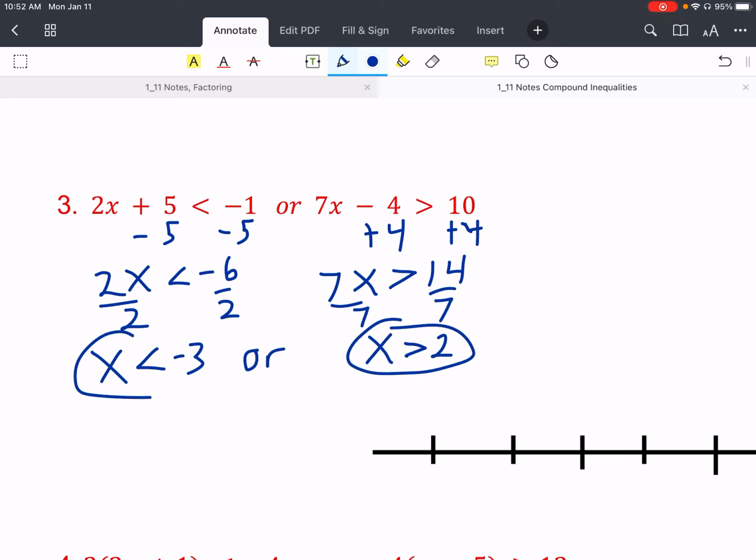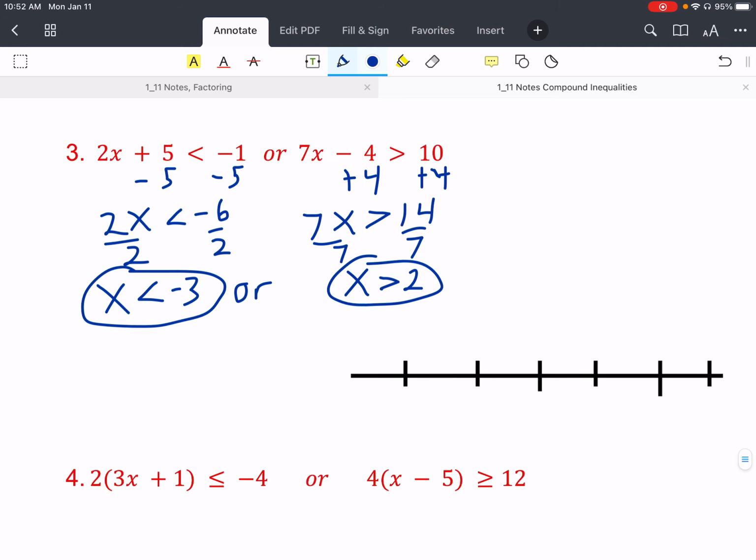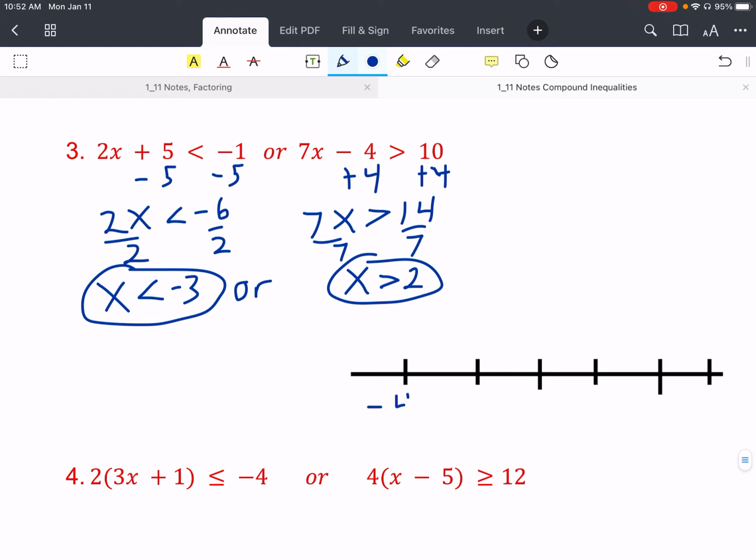So now we have our two answers. We can make our number line. -4, -2, 0, 2, 4, 6. We have an empty circle at -3, and we're showing that x is less than -3, or x is greater than 2.